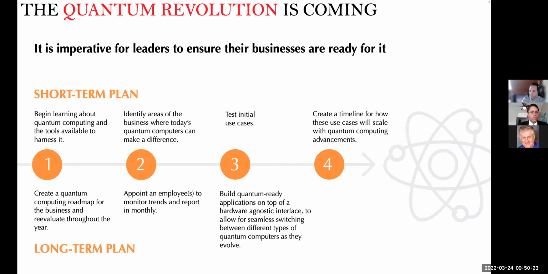And in the short term, it's important to really start learning. As I said, it's important to have some people dedicated to learning quantum mechanics and understanding of quantum computing. What area is important for that business is very important. One of the areas in conversations that I've had with customers is, what can I do with it?